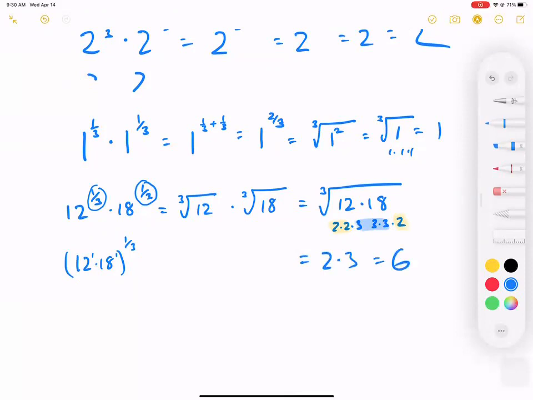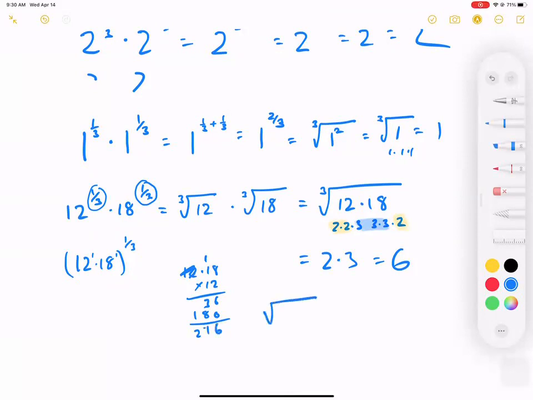Okay. If I went ahead and wrote this in my calculator, 12 times 18, I don't know what that is. This is 216. Is that what it is? 216.